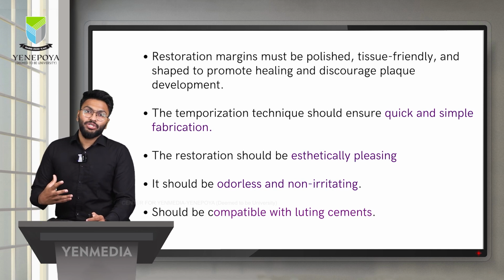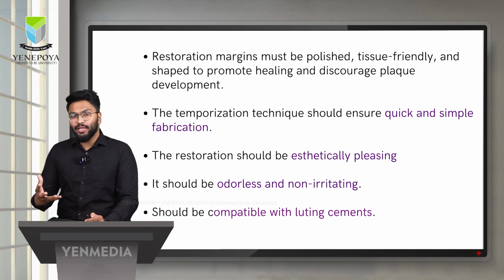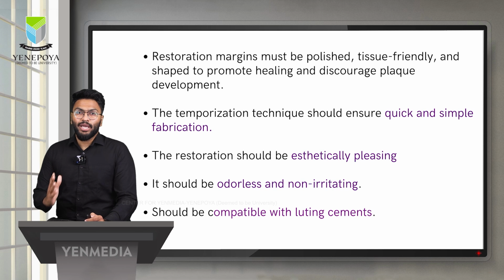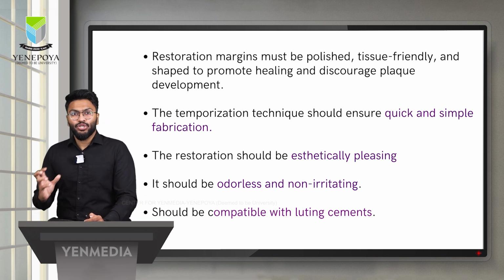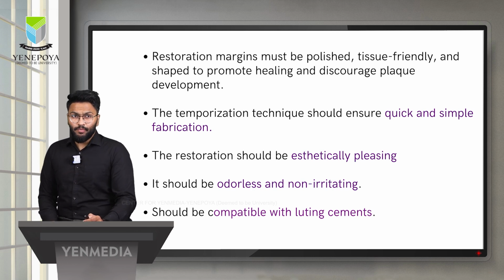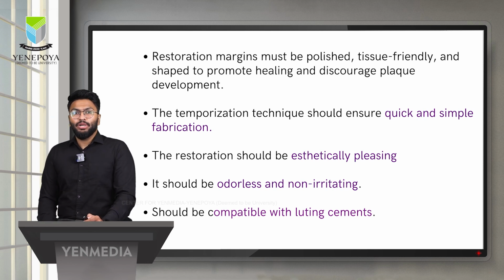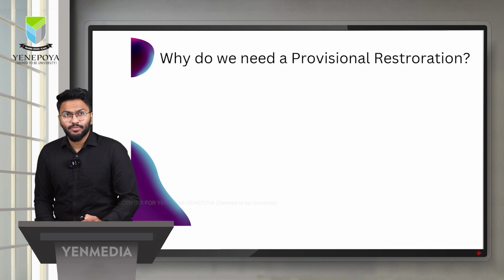And if the provisional restoration is not good enough, the patient will feel that the final restoration will not be as aesthetic as the patient wants it to be. So the shade has to match, at least be close to the shade of the adjacent tooth. It should be odorless and non-irritating, and it should be compatible with luting cements.